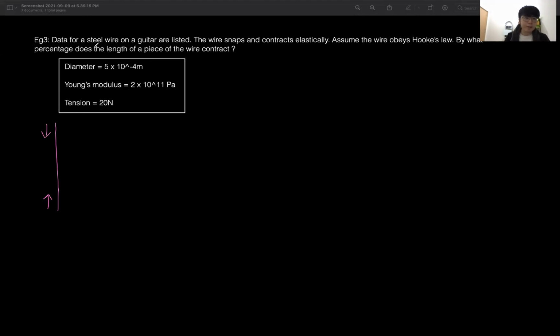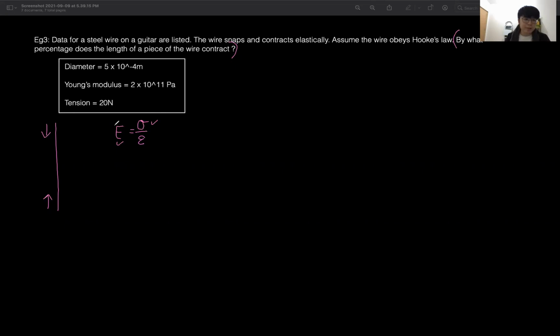What we want to find is by what percentage the length of a piece of the wire contracts, meaning what percentage of the original length it contracts. That is the strain. So we use Young's modulus, stress over strain. To find the strain, we need the value for stress and Young's modulus.